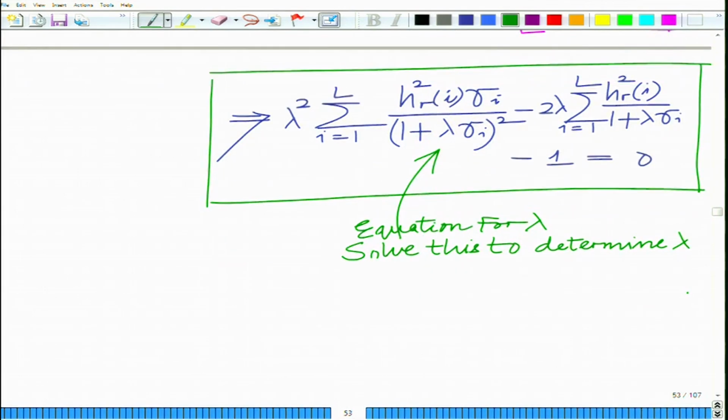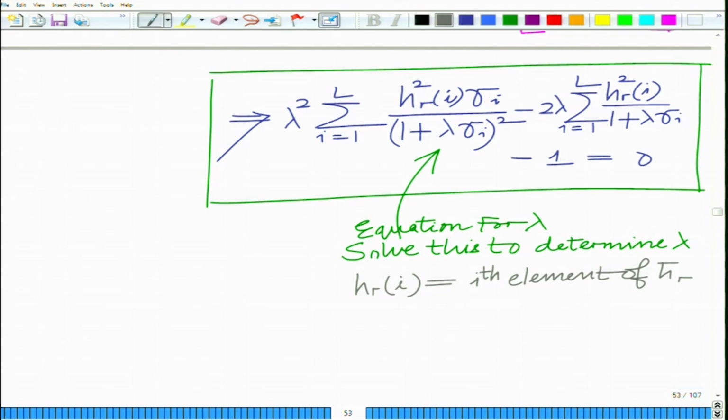H R i, as I already explained, equals the ith element of the vector H bar R, which we defined above.